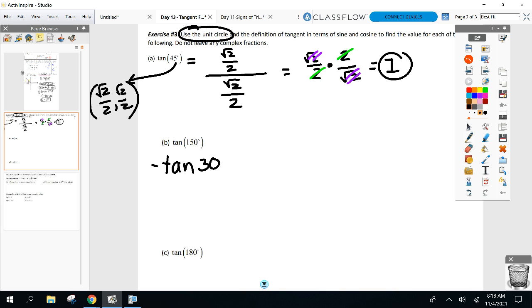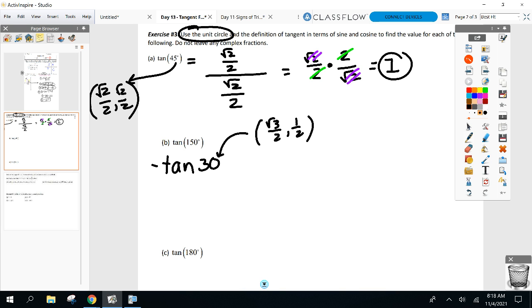So let's think on the unit circle, where's 30? 30? Radical 3 over 2, comma, 1/2. And we're doing tangent now. Tangent, which we just learned was what coordinate over what coordinate?